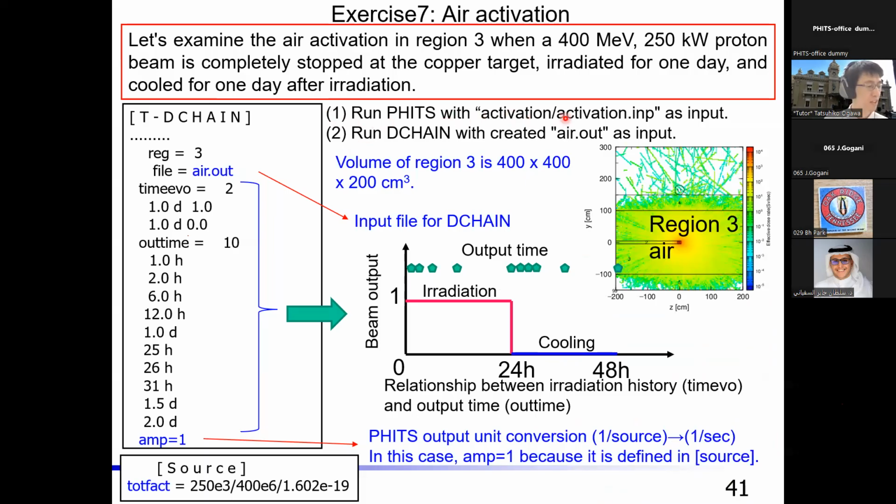Run PHITS with this input file, and run DCHAIN with one of the output files of PHITS, air.out, which is the input of DCHAIN. So we run a 2-step calculation of PHITS and DCHAIN. So please follow this guidance to perform this calculation. Go ahead.